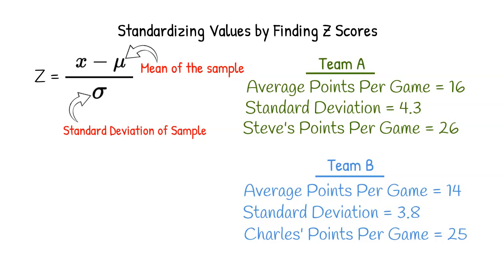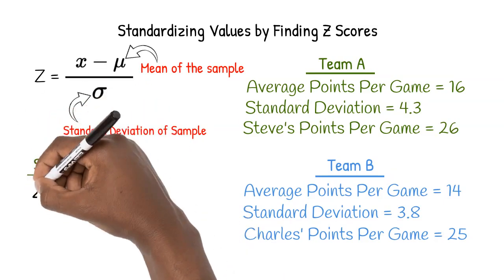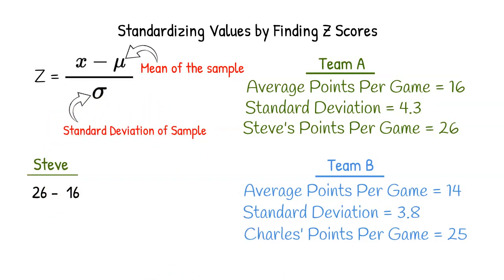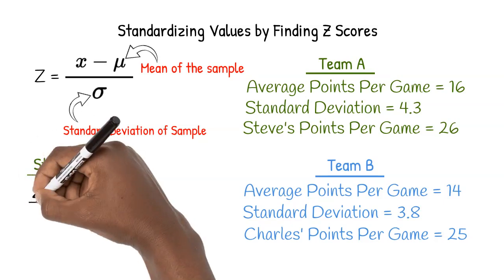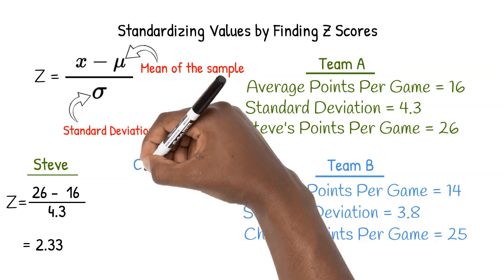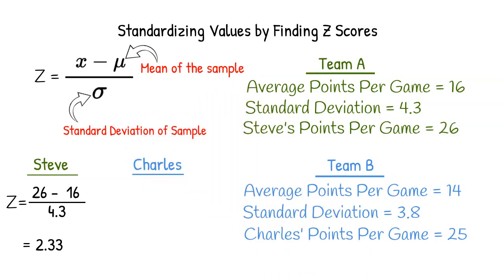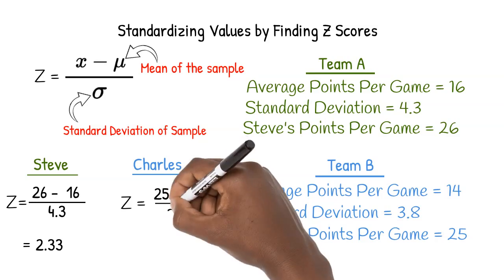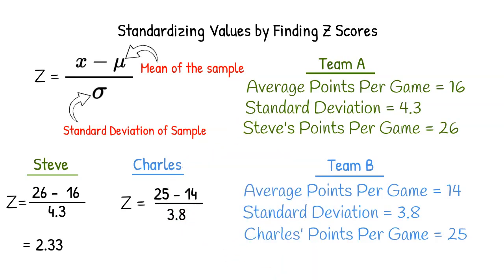To find Steve's z-score, we take his points per game, 26, subtract his team's average, 16, and divide by the team's standard deviation, 4.3. We get that Steve's z-score is 2.33. To find Charles' z-score, we take his points per game, 25, subtract his team's average, 14, and divide by the team's standard deviation, 3.8.